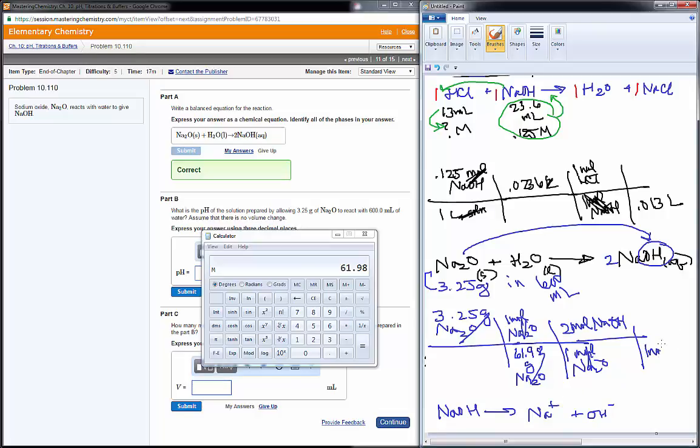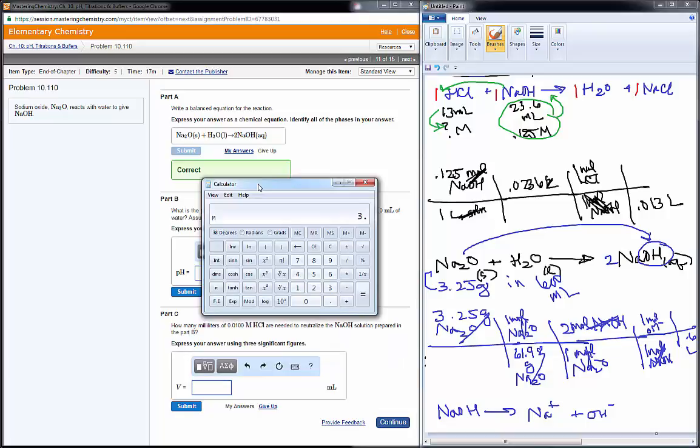So one mole of hydroxide, and the concentration 600 milliliters, 0.6 liters. Now I have moles per liter of hydroxide. So 3.25 grams divided by 61.98 grams in a mole, multiplied by 2 moles of sodium hydroxide for every 1 mole of sodium oxide, multiplied by 1 divided by 1, and then divided by 0.6 liters gives me a hydroxide concentration of 0.175.